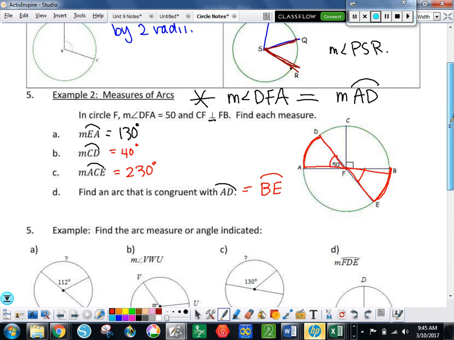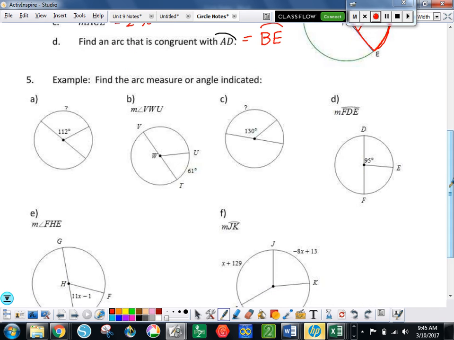Okay, let's try a few more. Feel good about this. Find the arc measure or angle indicated. So if this is 112 degrees, what is this arc measure? 112 degrees. If arc UT is 61, find the measure of VWU.